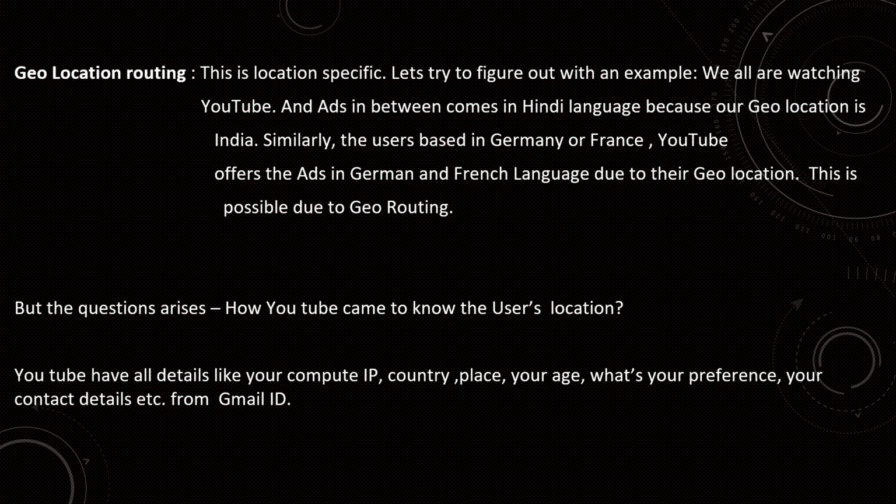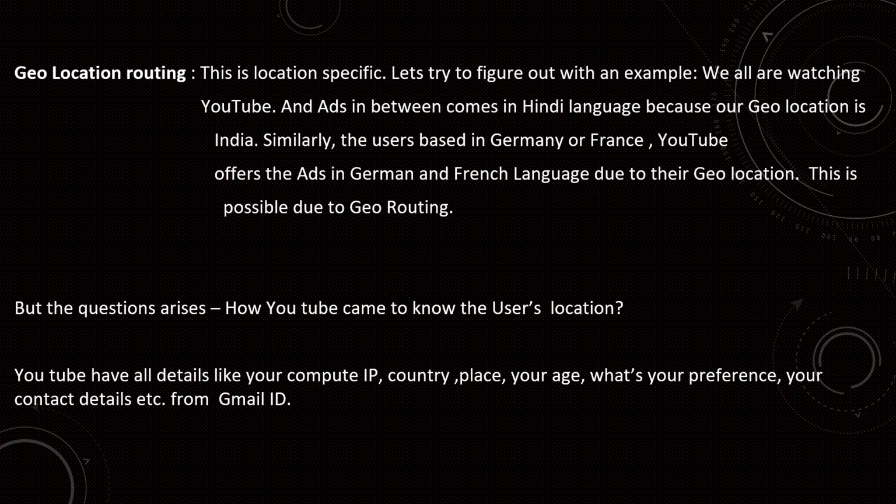How is this possible? It is possible because of geolocation. A user based in Germany or France gets ads in German or French due to their geolocation. This is possible due to the geo routing facilities available in AWS.